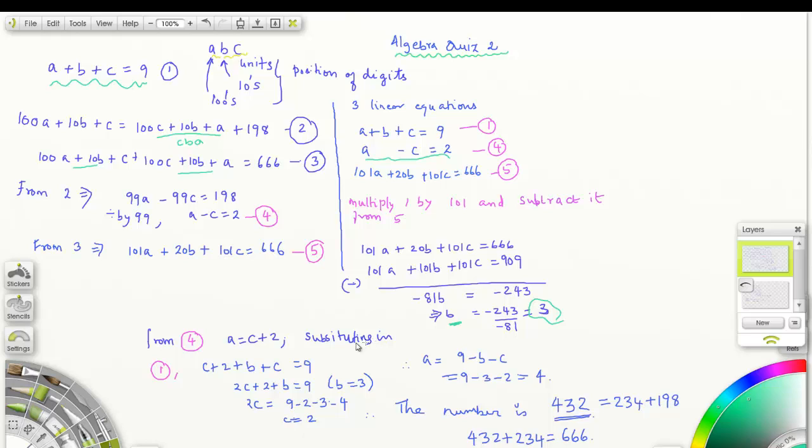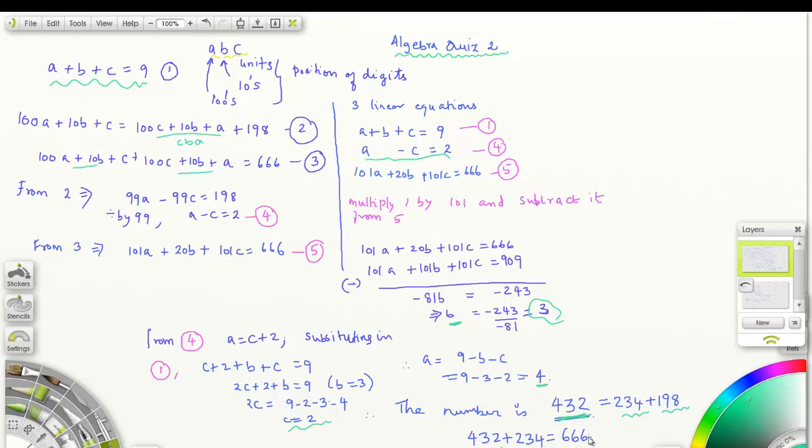Substituting this in equation 1, I get C is equal to 2. So when A plus B plus C is equal to 9, A has to be 4. So the number is 432, and the reverse number is 234, to which you add 198. And then when you add the original number and the reverse number, you get 666.